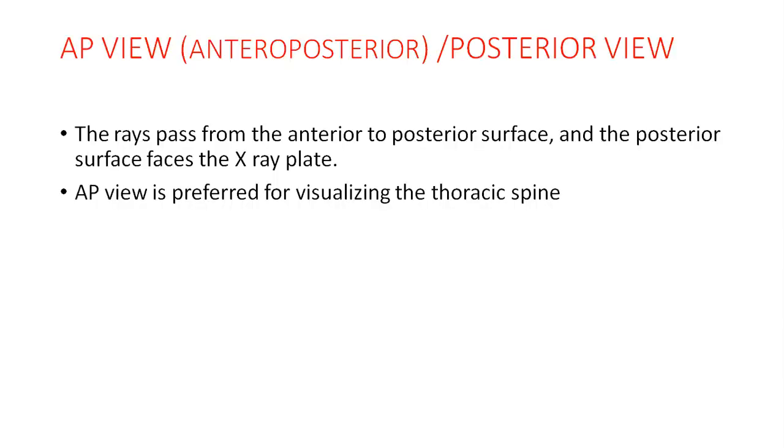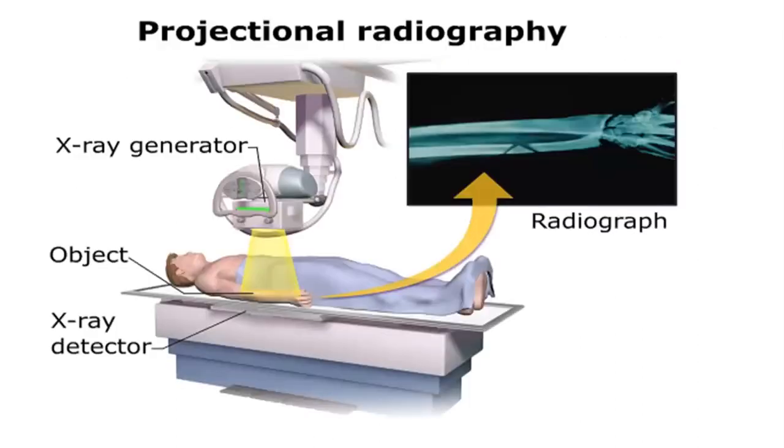AP view. This is another view of radiography, called the anterior posterior view. Here the X-rays pass from the anterior to the posterior surface, and the posterior surface faces the X-ray plate. AP view is preferred for visualizing the thoracic spine. So let's see, this is the X-ray machine.